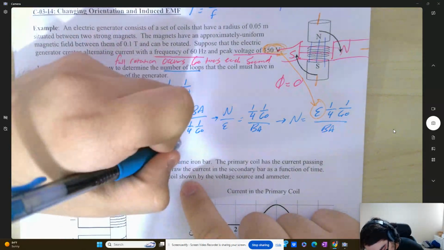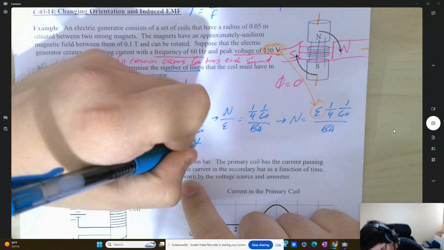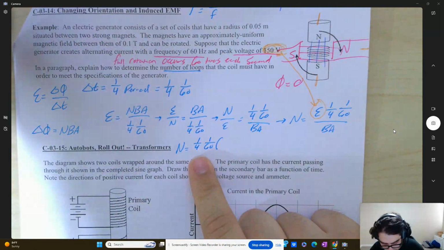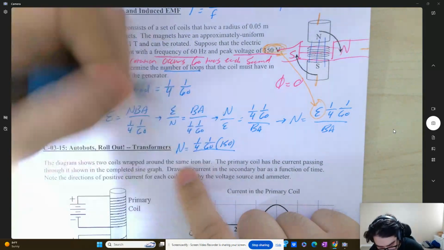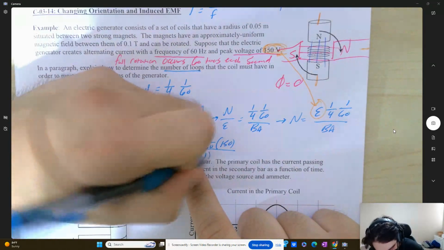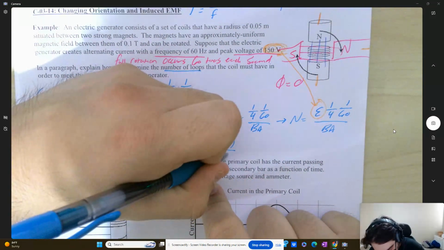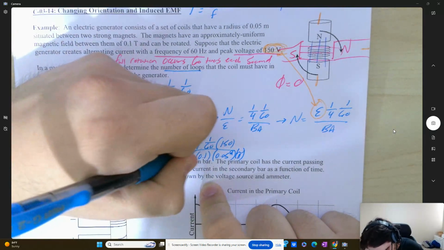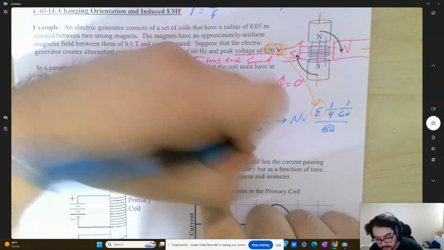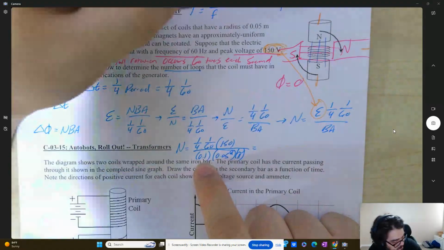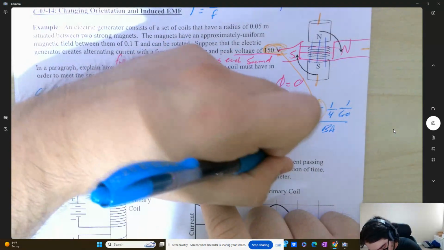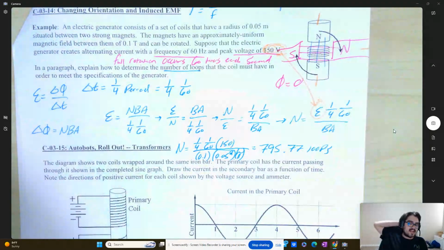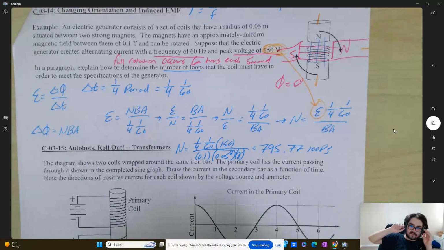So N equals 1/4 times 1/60 times 150, over B, which is 0.1, and the area, 0.05 squared times pi, since it's just pi r squared. Plugging that into your calculator, I got about 795.77 loops. I think you would round that up to 796, because you don't want to have a half loop or anything like that.